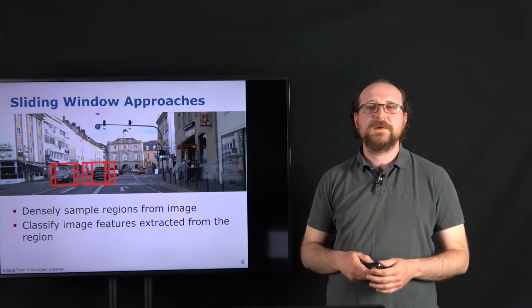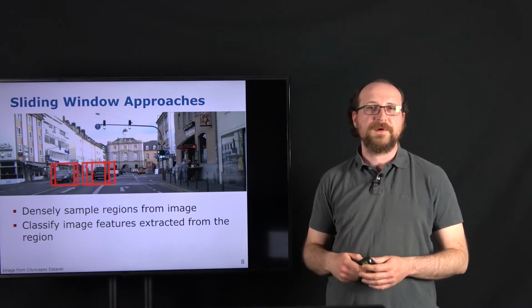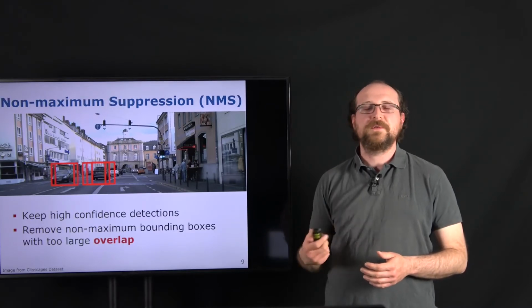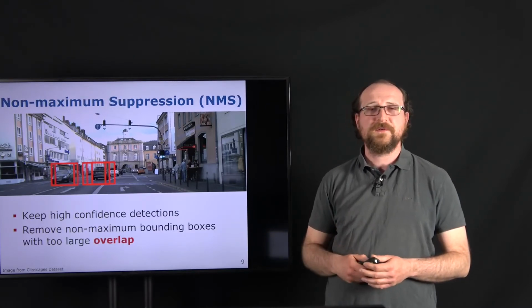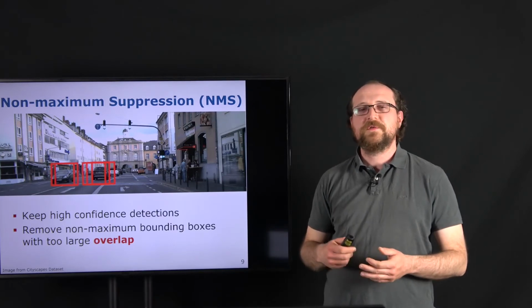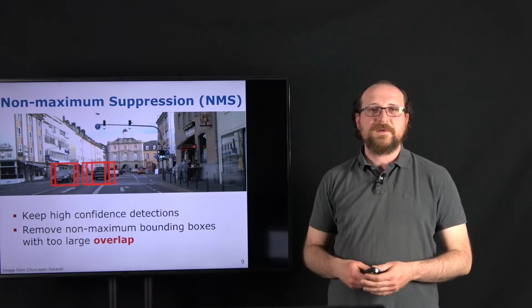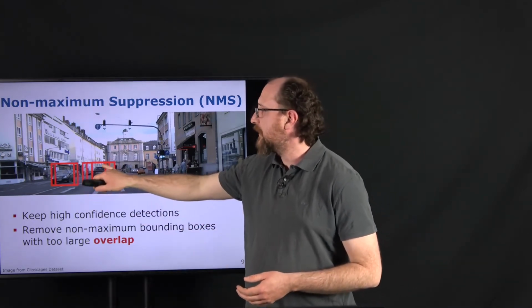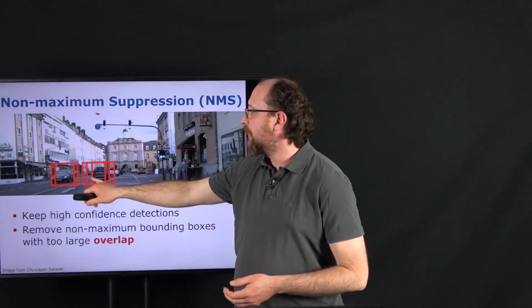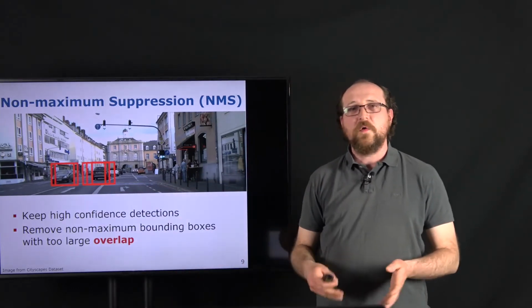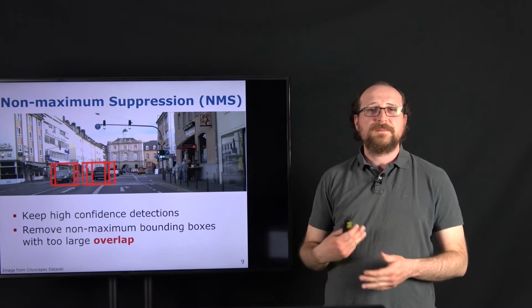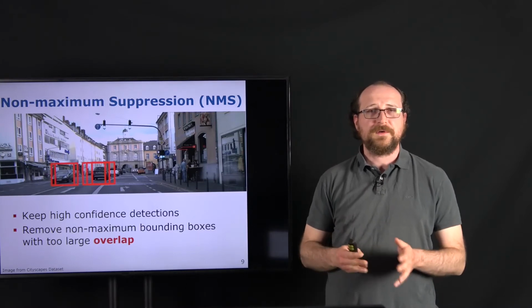And for this, the concept of non-maximum suppression comes into play. So in the end, we want to keep only high confidence detections, and we want to remove the non-maximum bounding boxes. That means we maybe keep this bounding box here, but we want to remove the bounding boxes that are overlapping with this maximum confident region, but are not interesting for us because they are not right on the object.